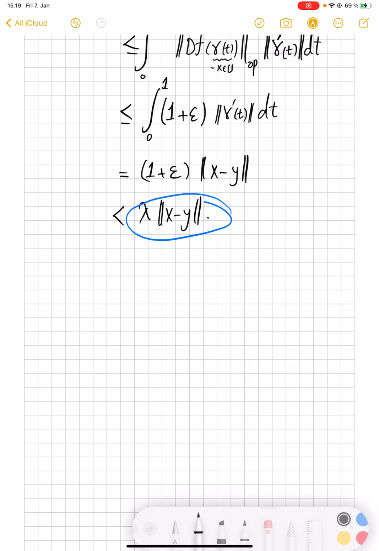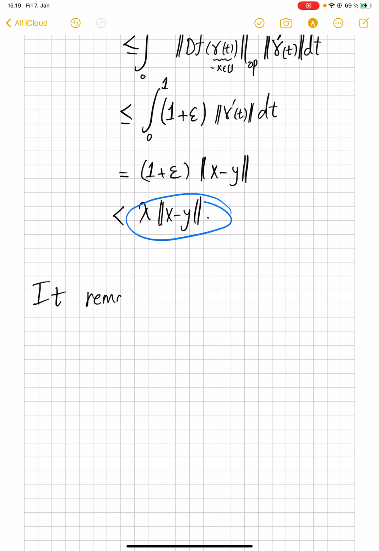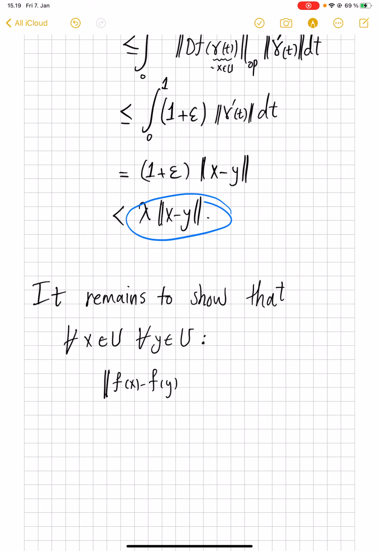Then again, from the fact that the dM distance is larger than the Euclidean distance, all we need to show is that even the smaller of these, so it remains to show that for every x in U, for every y in U, |f(x) minus f(y)|, this is the Rm distance, is bigger than or equal to lambda inverse times |x minus y|.